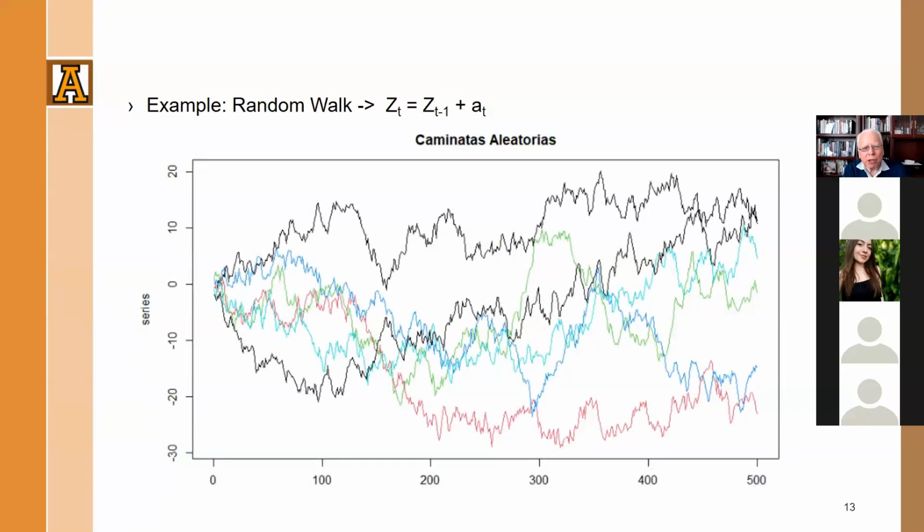Remember the random walk, which is Z_t equals Z_{t-1} plus a_t. We said that the random walk is what? Is it stationary or not? We saw it last class or class before last.